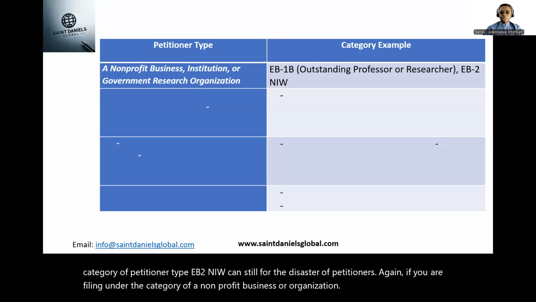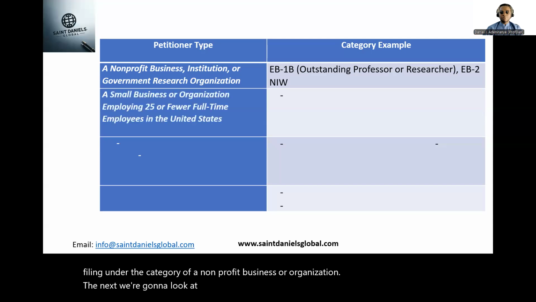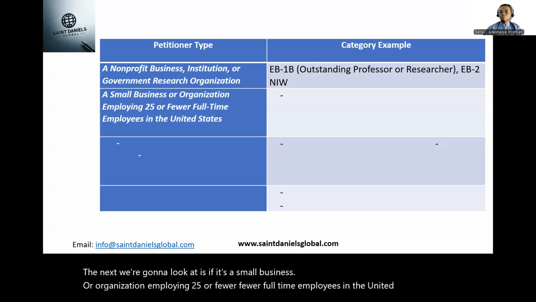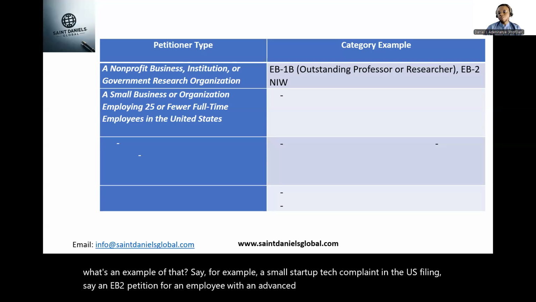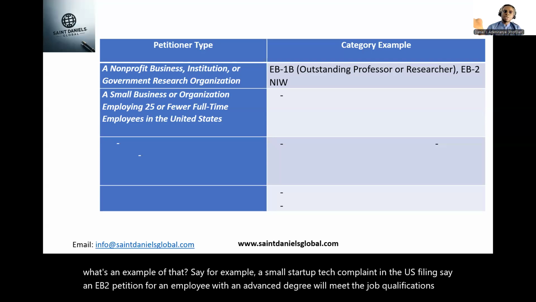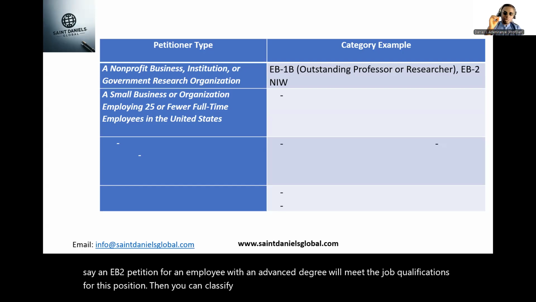The next we're going to look at is if it's a small business or organization employing 25 or fewer full-time employees in the United States. And what's an example of that? Say, for example, a small startup tech company in the US filing, say, an EB-2 petition for an employee with an advanced degree who meets the job qualifications for this position, then you can classify yourself under this category.